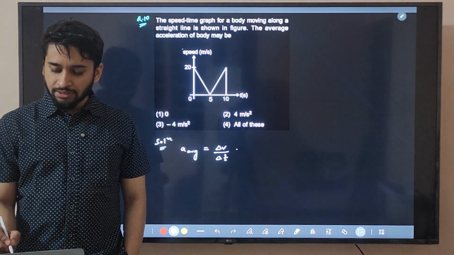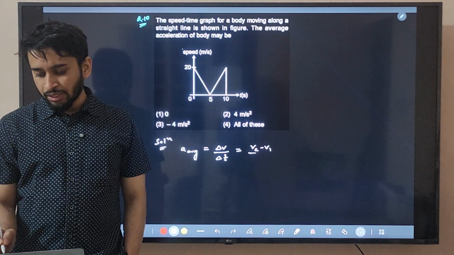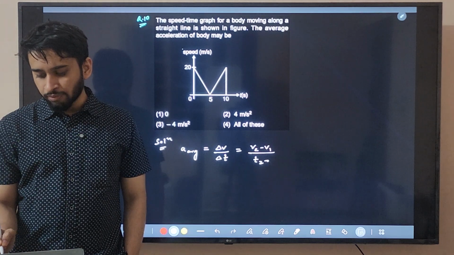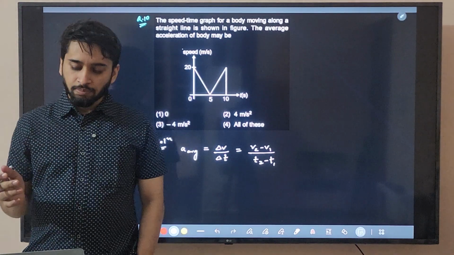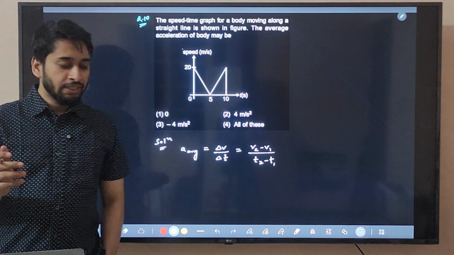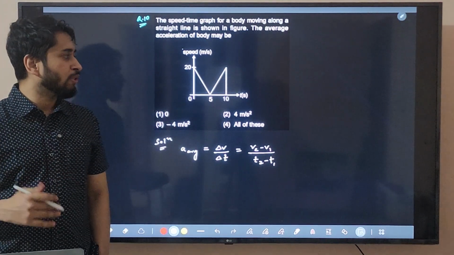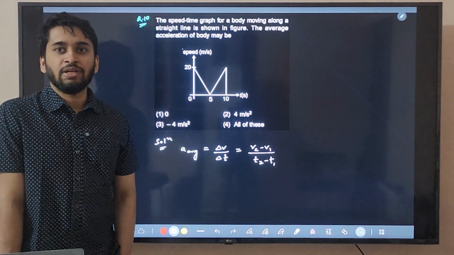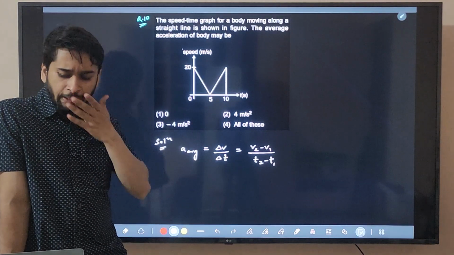So you can write it as (v2 minus v1) by (t2 minus t1). Now this is a very interesting question, because there are multiple possibilities here. So we have to explore all the possibilities for the answer.